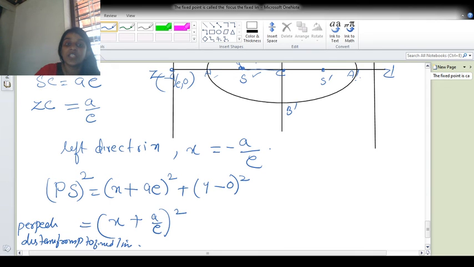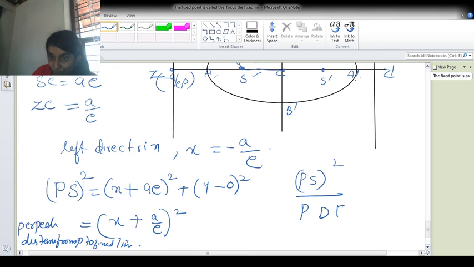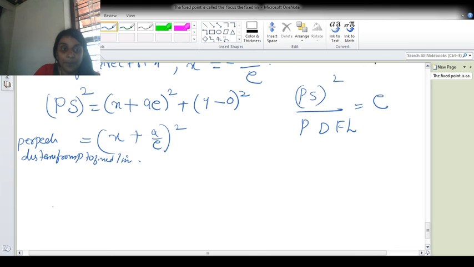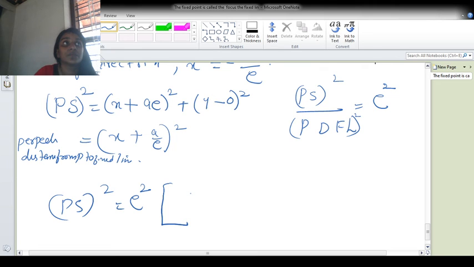So we know this distance PS square, and the ratio of PS to the perpendicular distance to the fixed line is E. So we can write PS square equal to E square into x plus A by E square.